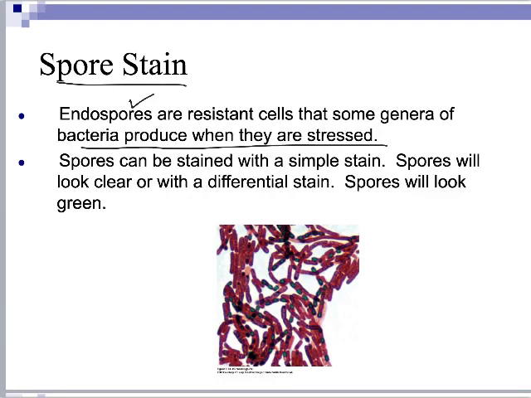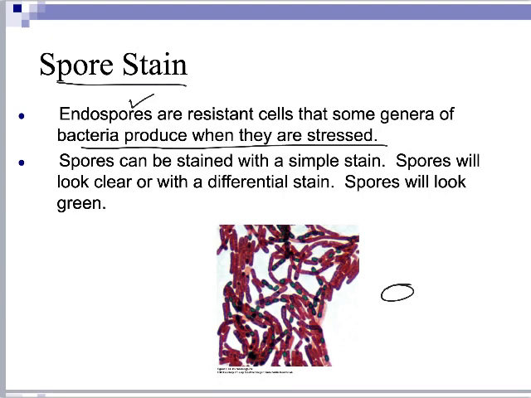They're different than spores in mushrooms or fungi. They'll hang out, they can exist for like 10,000 years. Then if the environment becomes good again, they'll start to grow again. This is in chapter 4 too.